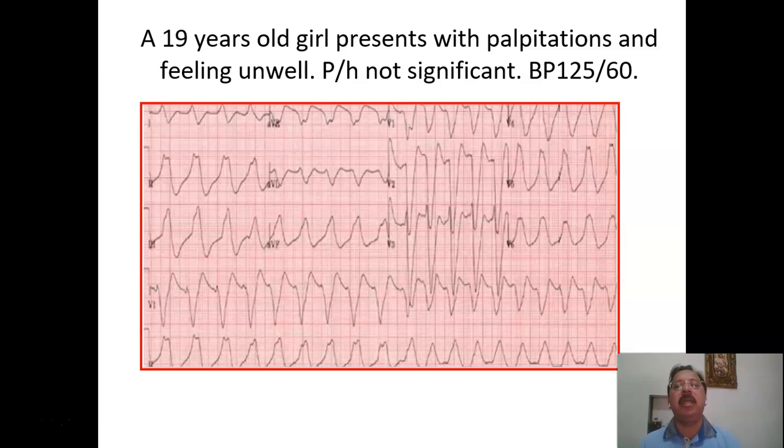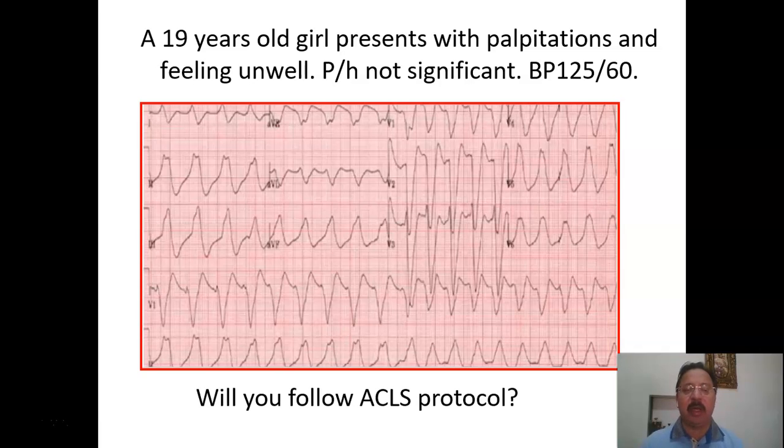So you see clinically this patient seems to be stable, and if we look at the ECG, it's a wide complex tachycardia. And we are not sure that this is ventricular or supraventricular tachycardia. But as we have discussed, take the uncertain type of wide complex tachycardia as ventricular in origin. So we take it as ventricular tachycardia.